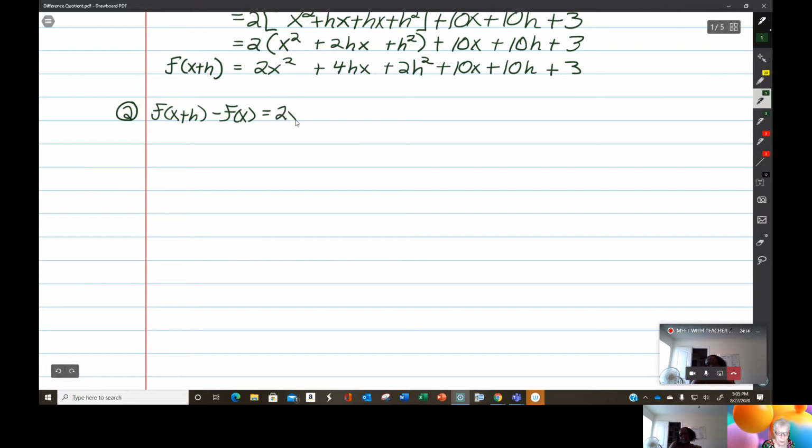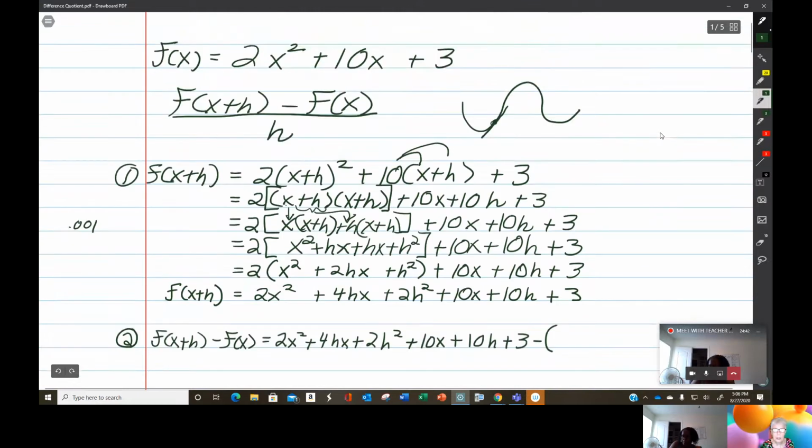Right. 2x squared plus 4hx plus 2h squared plus 10x plus 10h plus 3 minus, parentheses, 2x squared plus 10x plus 3.